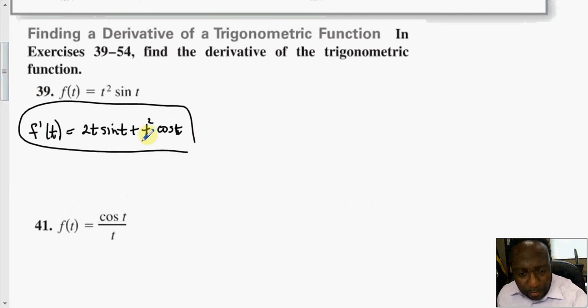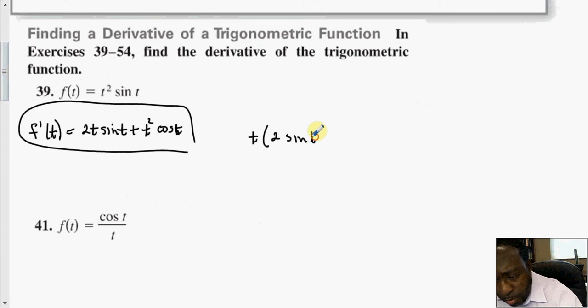Now you can factor out a t from both of these and write this as t times parentheses 2 sine t plus t cosine t.